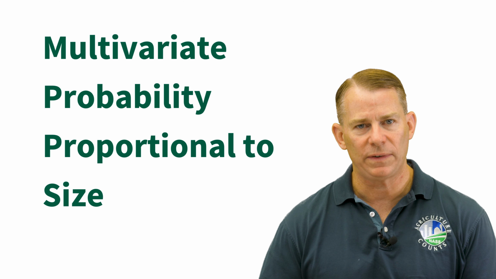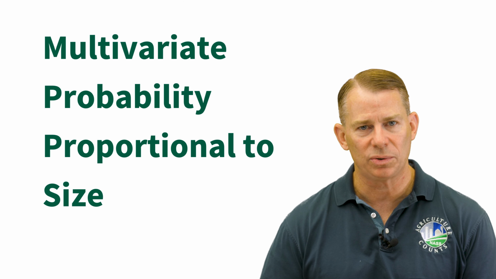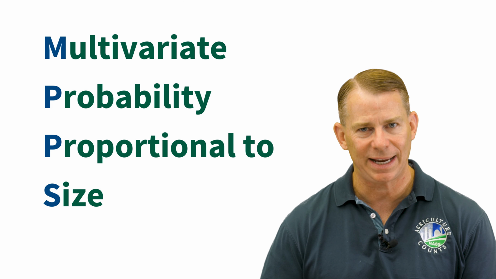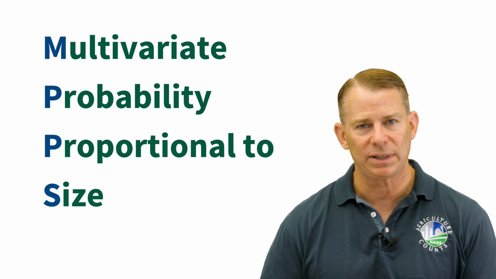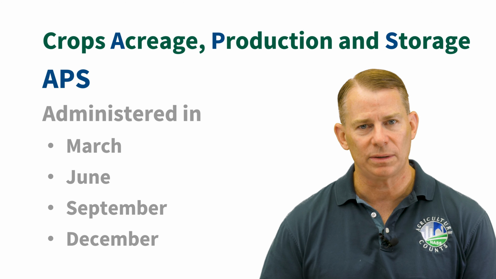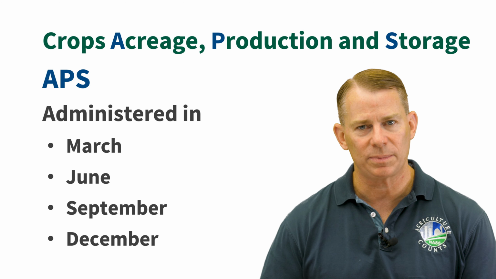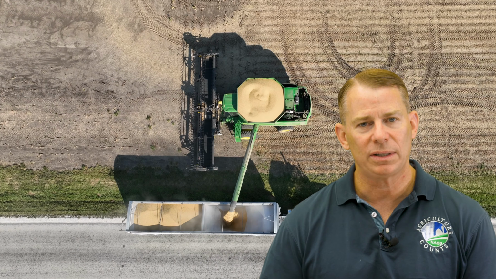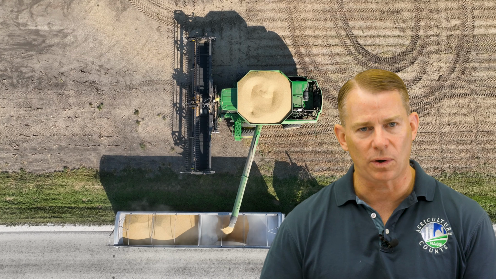NASS uses a multivariate probability proportional to size, or MPPS, technique to assign probabilities of selection for its crop acreage, production, and storage, or APS, survey population. The crops APS survey is administered in March, June, September, and December, and as its name implies, is designed to derive the number of specific crop acres planted as well as corresponding production and quantity of specific grain stored on the farm.